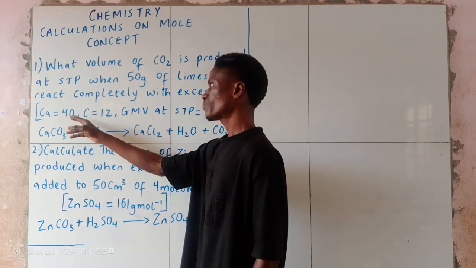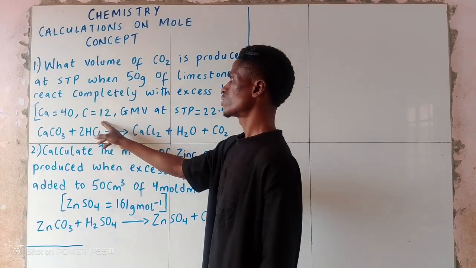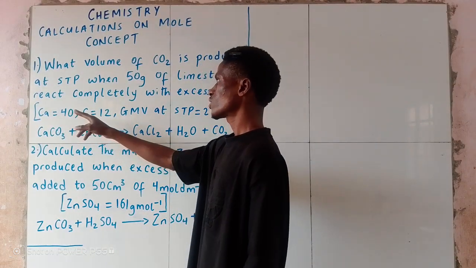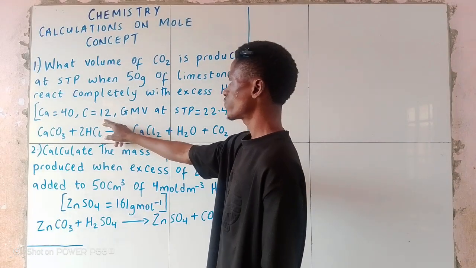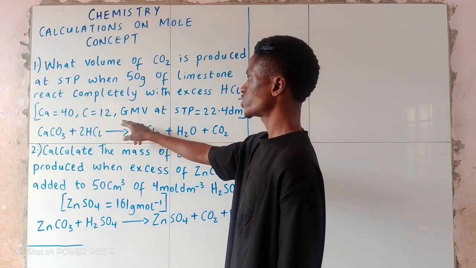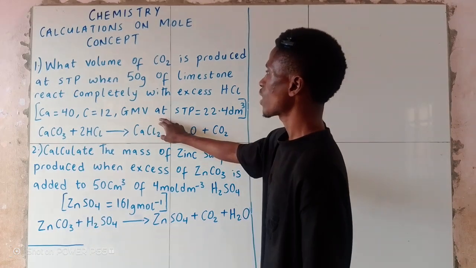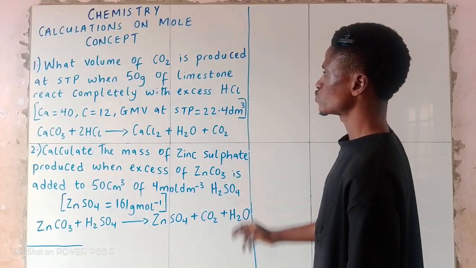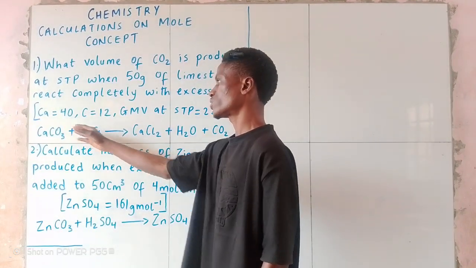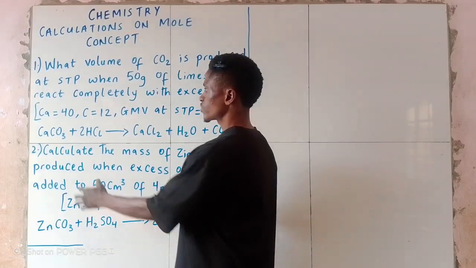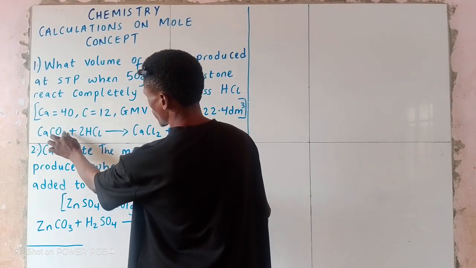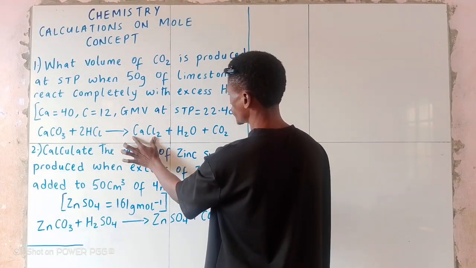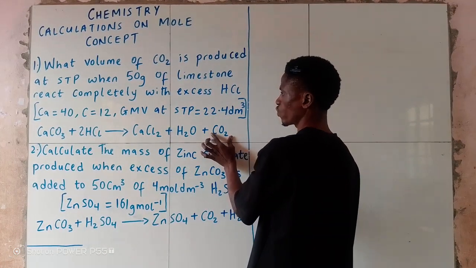Calcium is 40, carbon is 12, meaning that the atomic mass of calcium is 40 and the atomic mass of carbon is 12. GMV, which is given molar volume at STP, equals 22.4 dm3. And we have this as the equation: calcium carbonate reacting with hydrochloric acid to produce calcium chloride, water, and carbon dioxide.